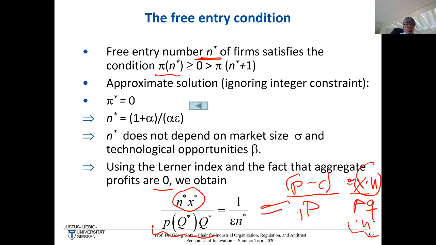Okay, now I probably confused you again with my many lines, but what you see on the right-hand side, you have some exogenous thing, given that we have the parameters alpha and epsilon given. So this is the Lerner index, which determines this value. On the left-hand side, you have nothing else than in the numerator the aggregate R&D expenditure, and in the denominator the aggregate revenue of the industry.